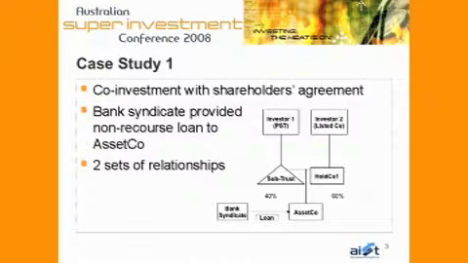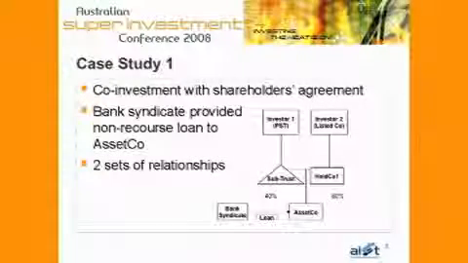Now, case study 1 involves an investor, investor 1, being a pooled superannuation trust, and investor 2 being a listed company or listed fund. Each of those investors has an interest in Asset Co. That could be a power station, a bridge, no particular asset in mind.